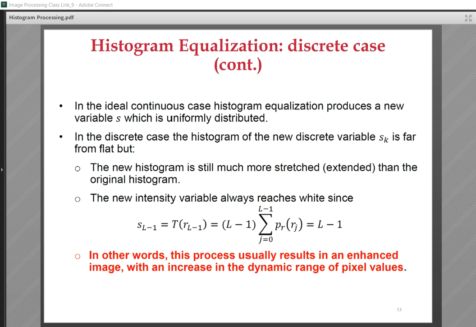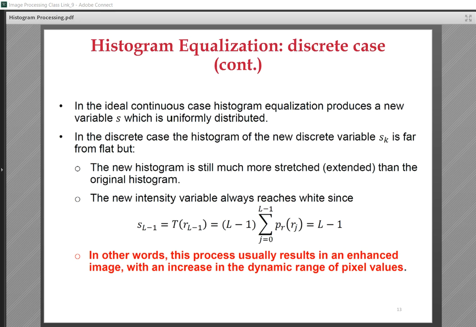That means 1 times L minus 1 is L minus 1. For example, if R was 255, S is 255.